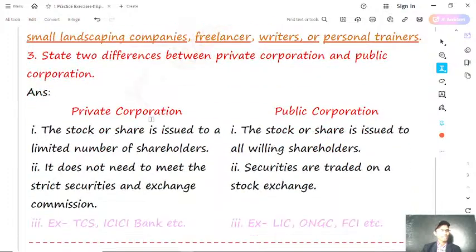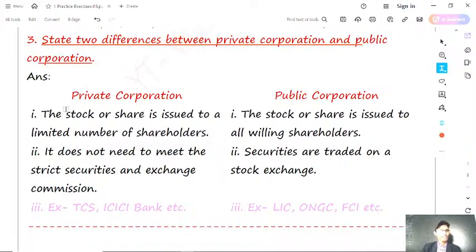Now the next question is state two differences between private corporation and public corporation. Means you have to give the two differences between the private and public corporation. See, we have written the answer. First is private corporation and second is public corporation.